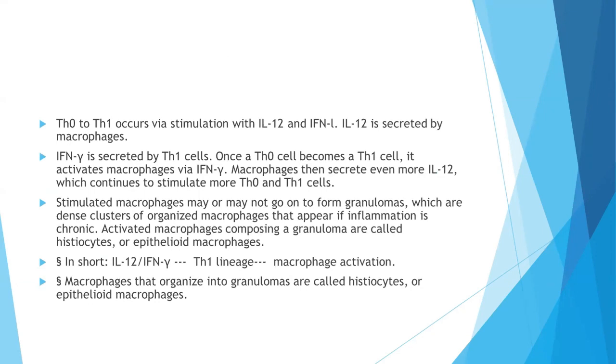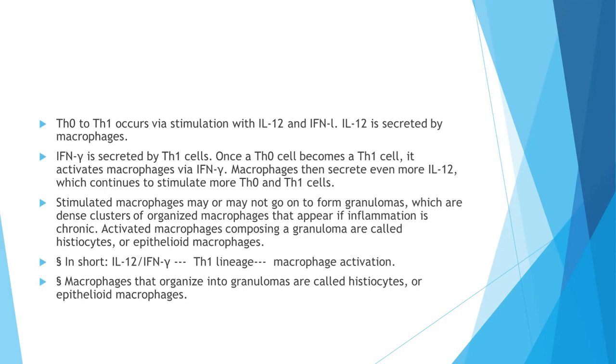TH0 to TH1 differentiation occurs via stimulation with interleukin 12 and interferon gamma. Interferon gamma is secreted by TH1 cells. So once the TH0 cell becomes a TH1 cell, it activates macrophages via interferon gamma. The macrophages then secrete even more interleukin 12, which continues to stimulate more TH0 to become TH1 cells.